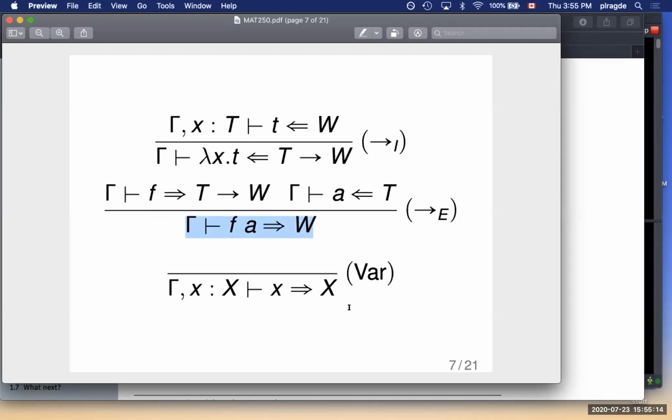One of the things we need is that F produces a W and is a function, but that function has to have some type T, and A has to have that type. But we haven't added to the context because there are no new assumptions. So the context below is the same as the context above. But isn't that an assumption when you say that, aren't you assuming that F is a function and that F goes from T to W?